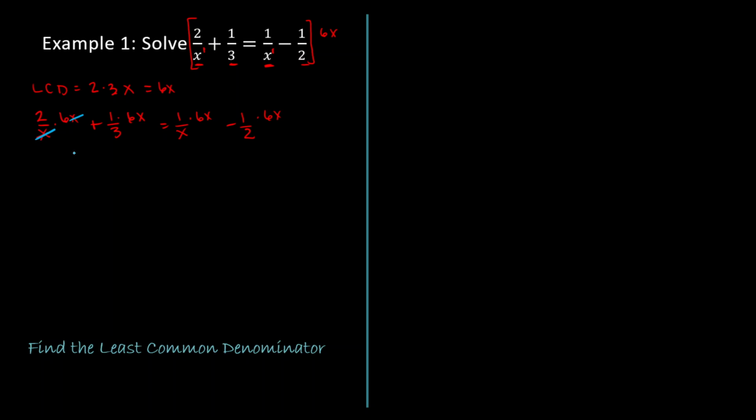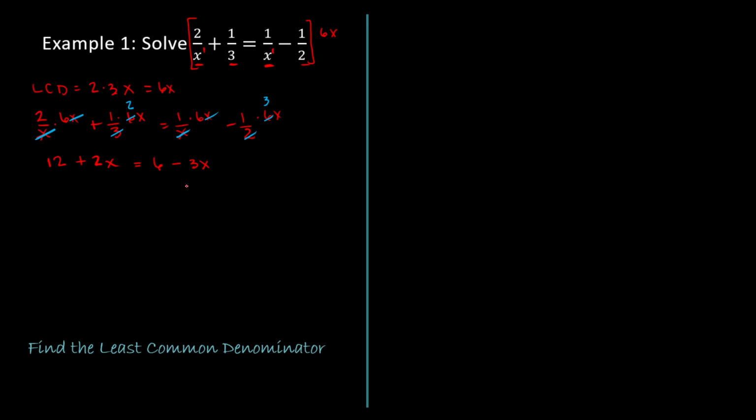Okay, so these x's cancel out. The 3 will reduce with the 6 twice. The x's are going to reduce, and the 2 will go into the 6 3 times. So when I do that, that reduces the equation to 12 plus 2x equals 6 minus 3x.